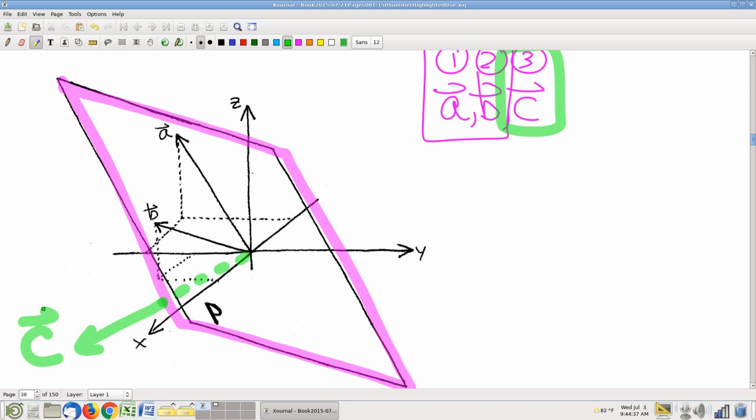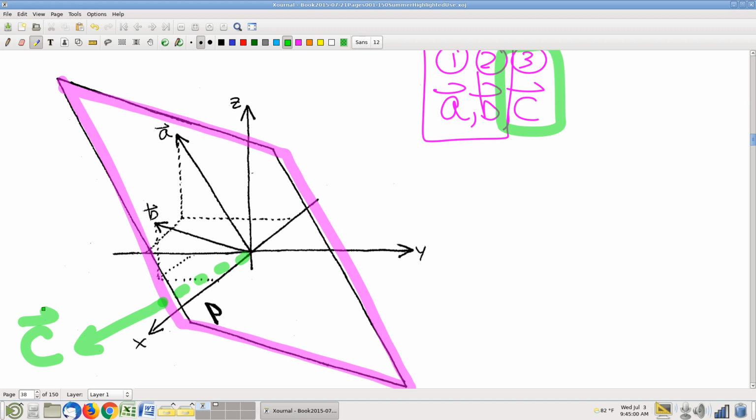Okay, so let's do the same thing now, but with your left hand. Index finger in the direction of the first vector. Now I have to bend my middle finger to go in the same direction as B, the second vector. I do that by turning my hand as needed, so that when I bend my middle finger the way middle fingers want to bend, it goes in the direction of the B vector.